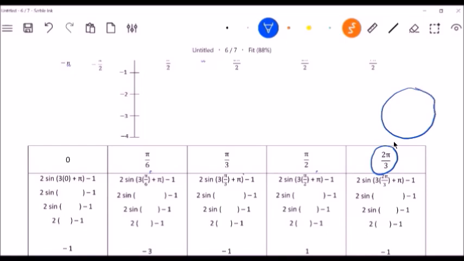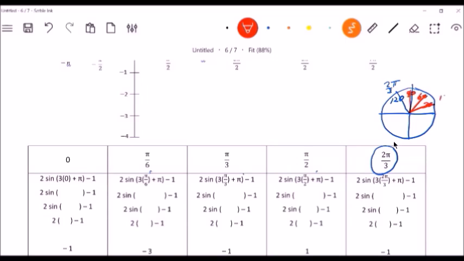Look at the unit circle. 2 pi over 3 is essentially 120 degrees. So if I take that and split that into 4s, I get these places. This one is 30 degrees, this one's 60 degrees, and this one's 90 degrees.